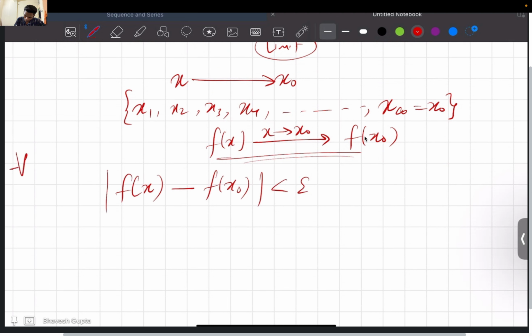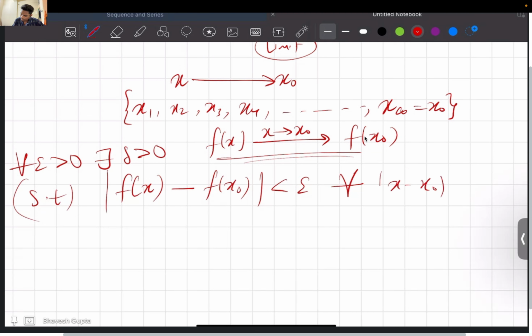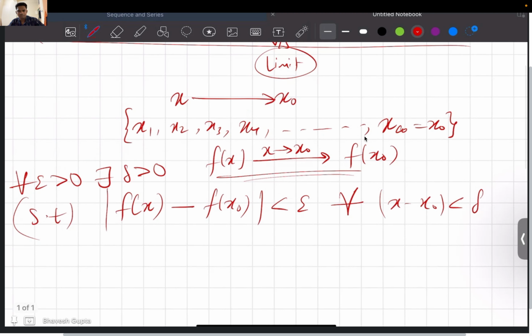For all epsilon greater than 0, there exists delta greater than 0, such that for all x with absolute value of x minus x naught less than delta. Is this idea clear, what we did in the case of limits? Now instead of going in a continuous fashion, we are going in terms of steps. That's the difference.